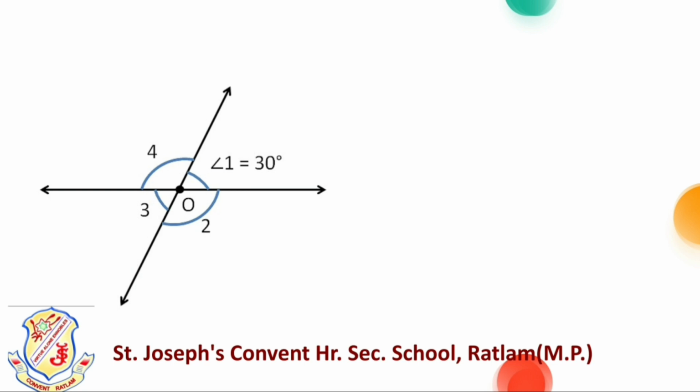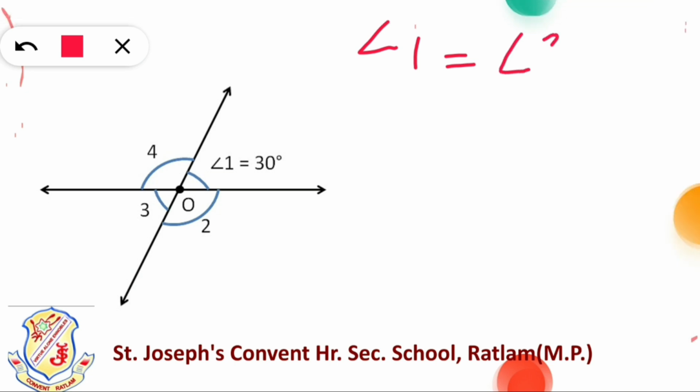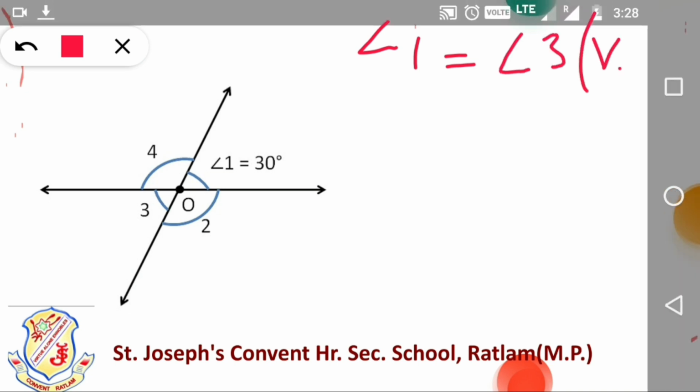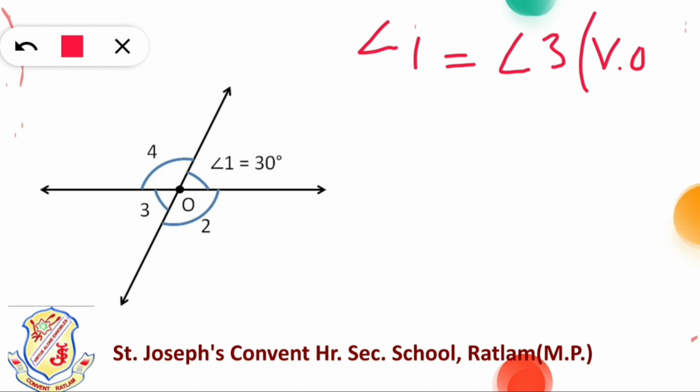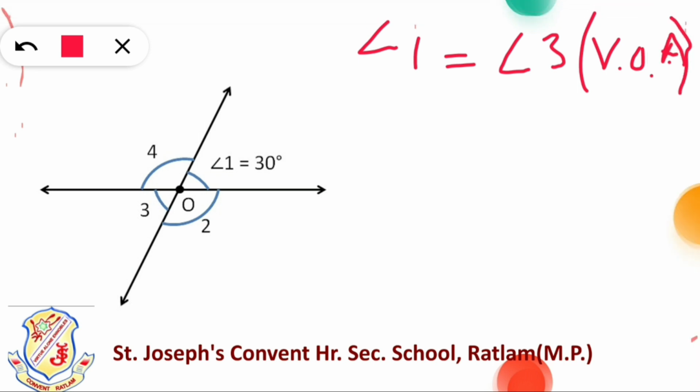Let's see, children: angle 1 is equal to angle 3 because they are vertically opposite angles. So angle 3 will be equal to 30 degrees, because angle 1 is 30 degrees and both angles are equal.